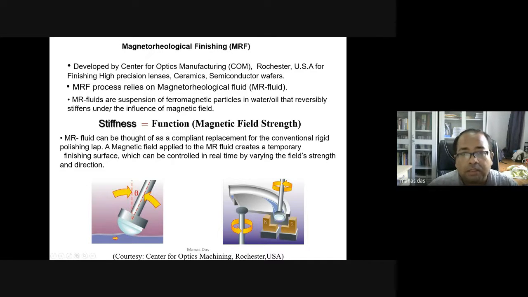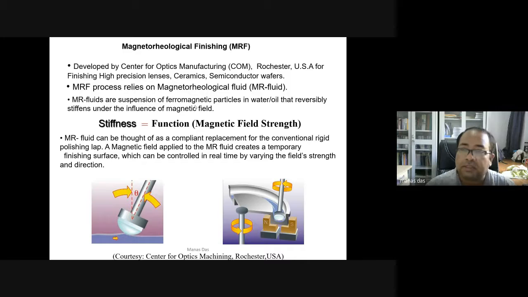So this is the magnetorheological finishing technique. It was developed by the Center for Optics Manufacturing in Rochester, USA, and there are different models from QED Technologies. Our BRC and DRDO people are trying to get one of their machines for polishing this kind of lens, but because it is used for defense purposes, they have not supplied one yet.